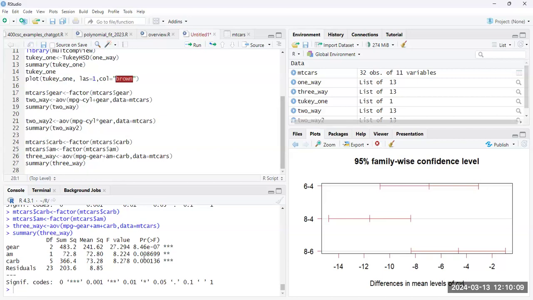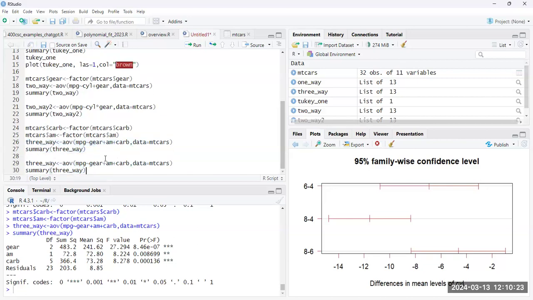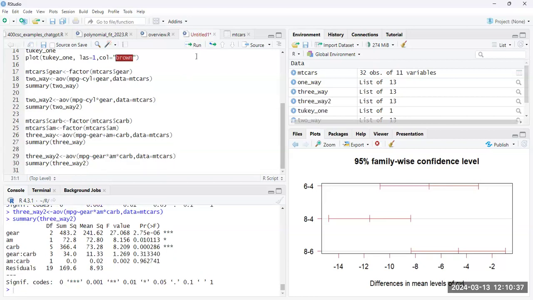And if we wanted to do the interaction terms that are possible from this model, we could continue to replace this with a multiplication sign. So if we wanted to do the full interaction model, we can do this. And the interactions that are available will be analyzed.